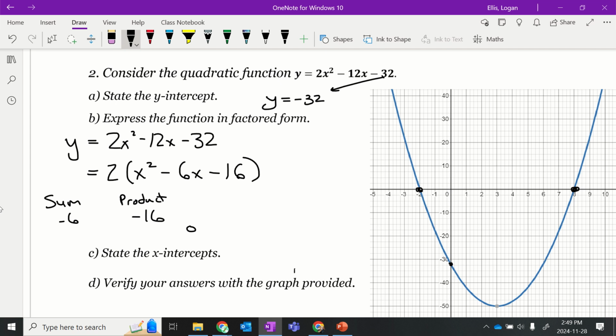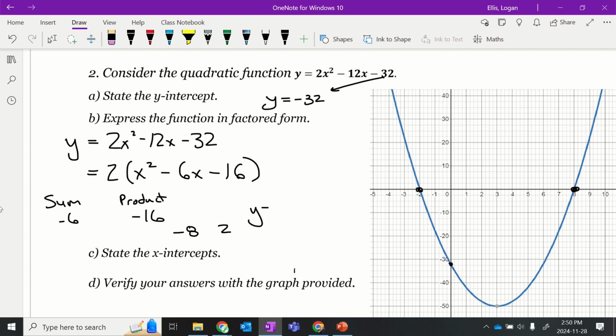But I can think about 8 and 2 working here. 8 times 2 is 16, and somehow a difference between 8 and 2 is going to give us 6 here. Let's just try this one. 8 times negative 2 would be negative 16, but 8 minus 2 is positive 6, so obviously that is incorrect. You'd have to do negative 8 and positive 2. Negative 8 plus 2 is negative 6, that works, and negative 8 times 2 is negative 16.